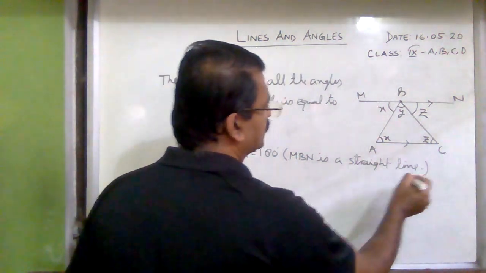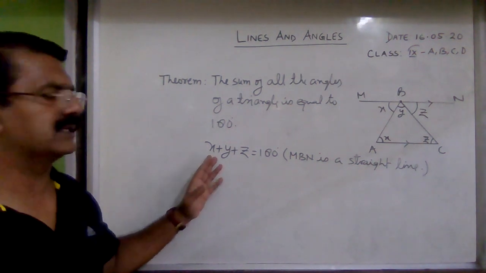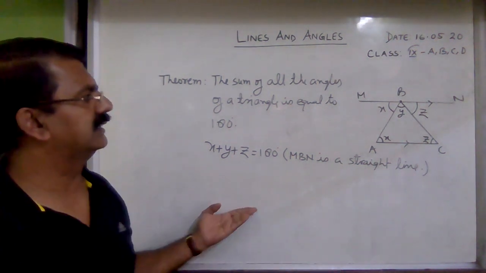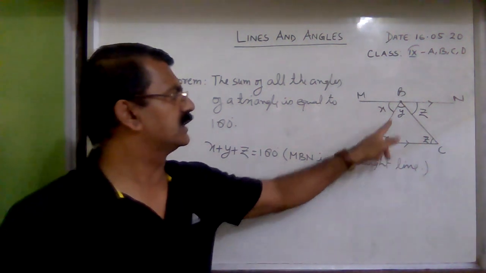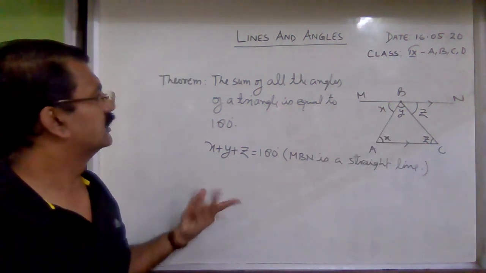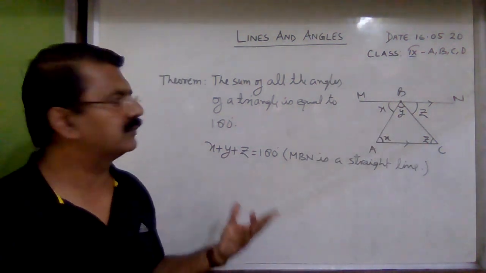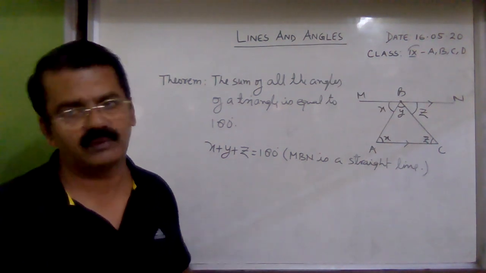But that is what we want to prove, that X plus Y plus Z is equal to 180. So it is proved that the sum of three angles of a triangle is always 180.